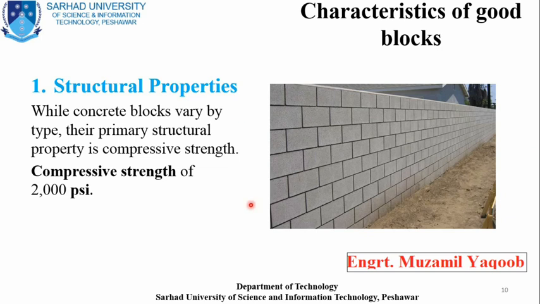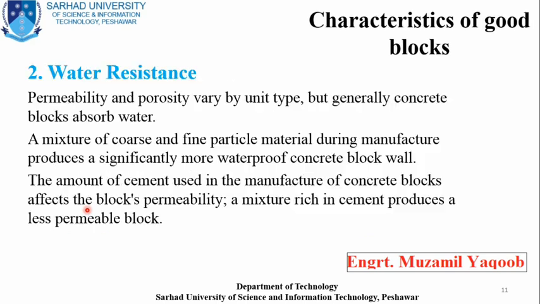So typically a normal block gives us 2000 psi compressive strength, means 2000 pounds per square inch, right? And if you want to compare the compressive strength of block versus brick, brick normally gives us 1600 psi, as we discussed in our last lecture as well.